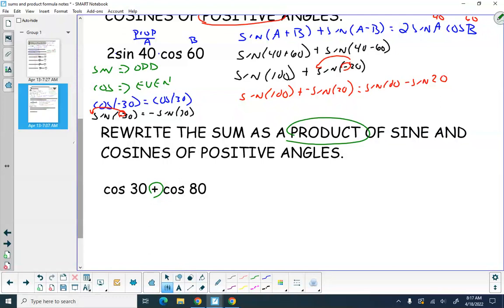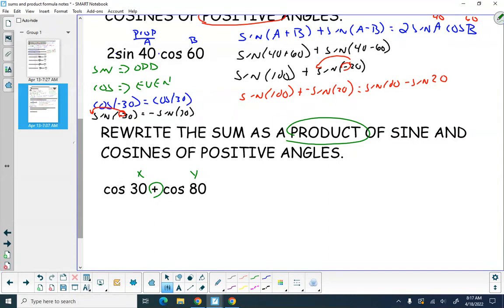So I'm looking for one that has cosine of x plus the cosine of y, and I want to move that to the right-hand side where my x is a value of 30, my y is a value of 50. So I'm going to sub in 30 for x and 50 for y. Go ahead.